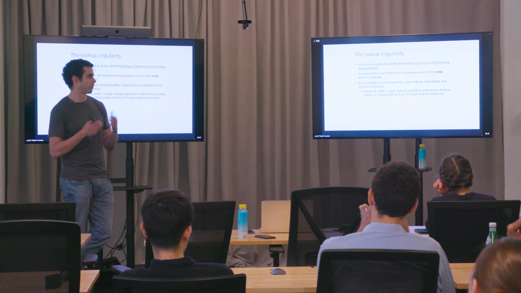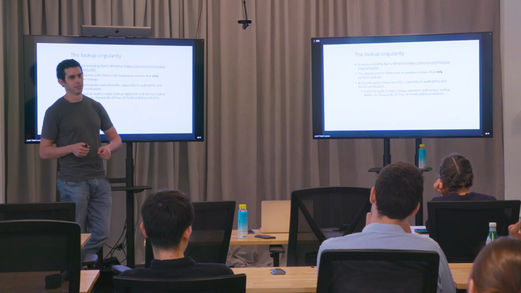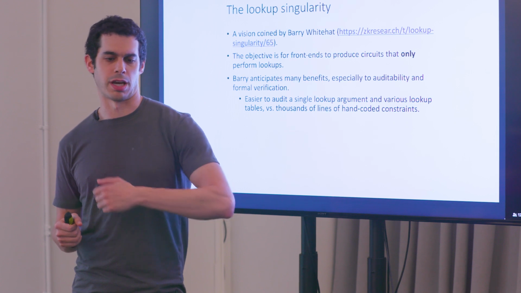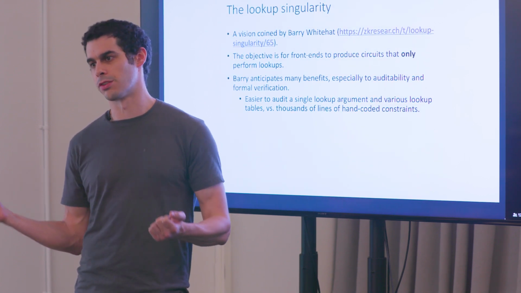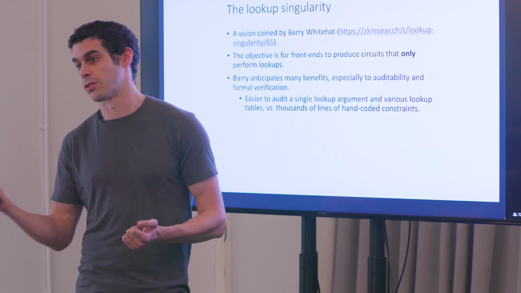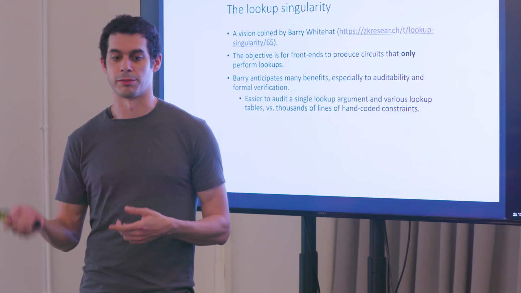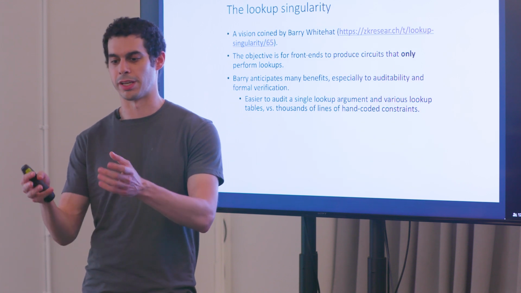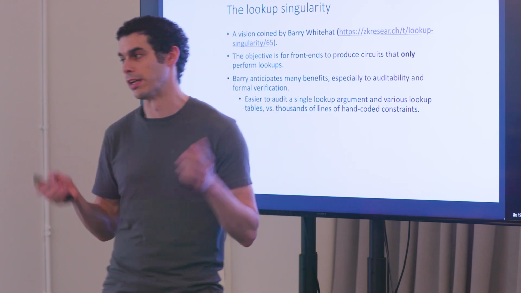So hopefully if you're just doing lookups with one lookup argument, it's much simpler to make sure the lookup argument is implemented correctly, and if you change the lookup table, to make sure that the new table is implemented correctly, instead of this sort of endless stream of verifying that this particular hand-coded circuit is equivalent to the functionality of the day.